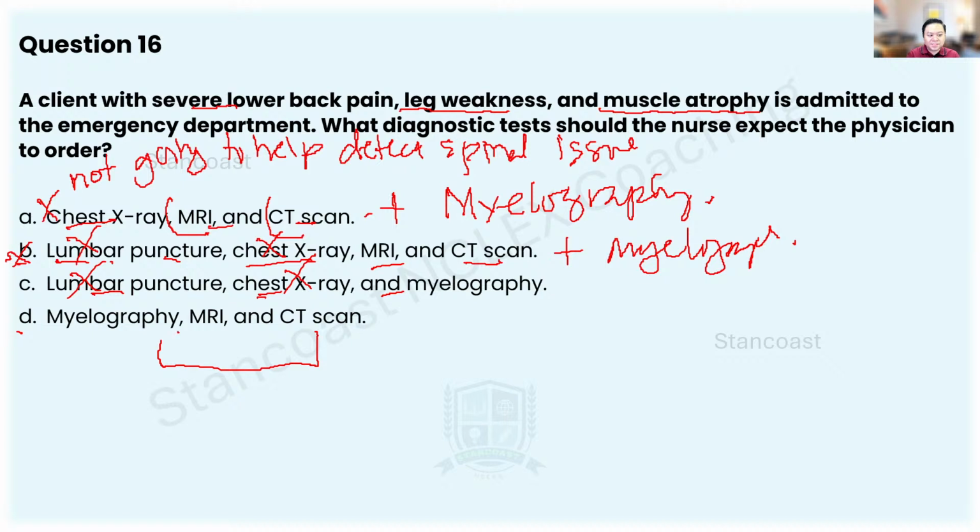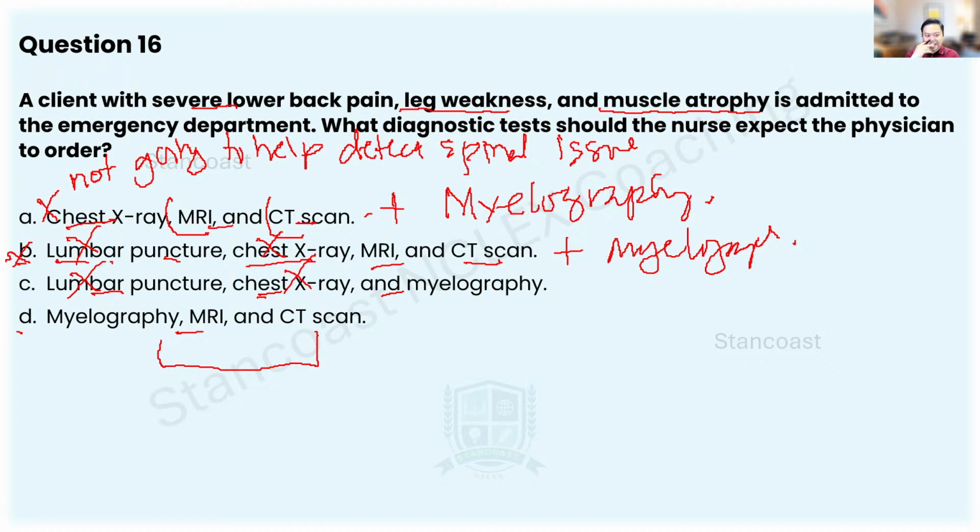So our best combination here are myelography, MRI, and the CAT scan or CT scan. All right. So we have our distractors, chest x-ray, lumbar puncture. Those are not going to be helpful.